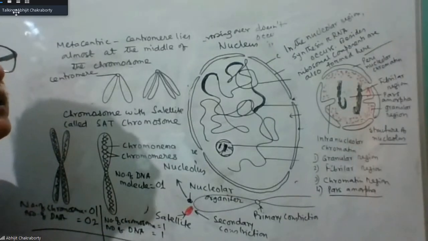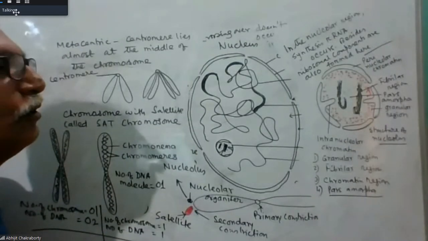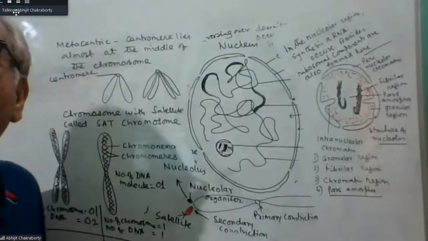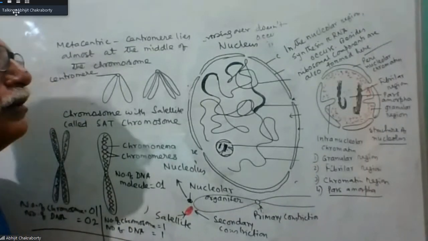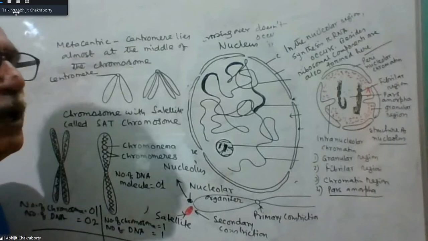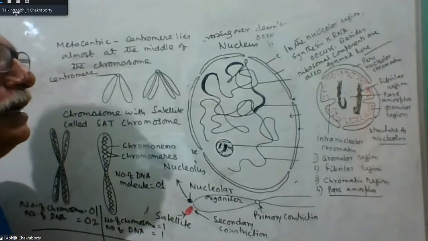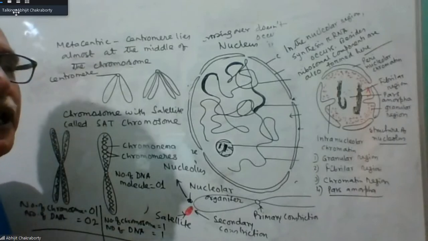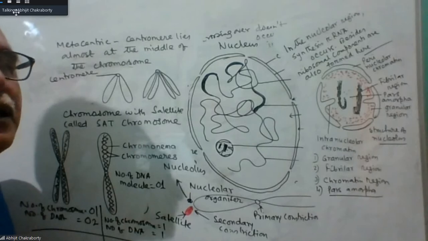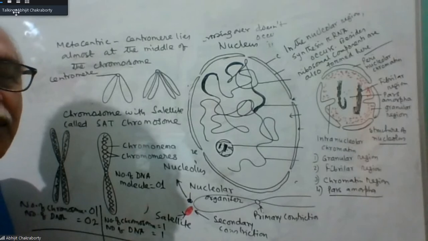In the cytoplasm. Although some ribosomal components are formed in the nucleolar region, ultimately the final maturation stage of ribosome occurs in the cytoplasm. Did you understand?